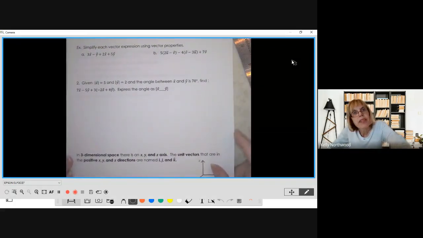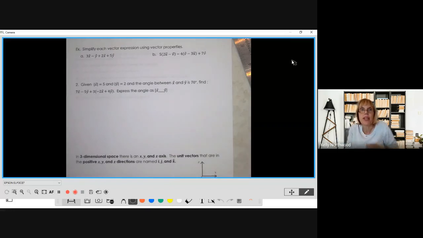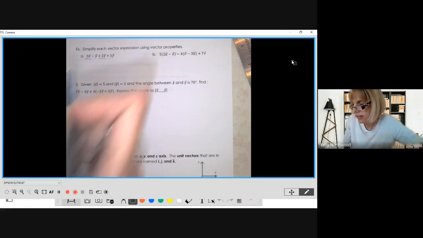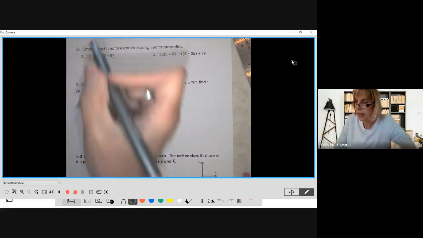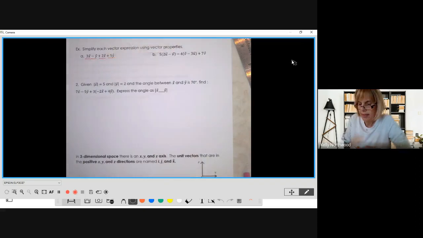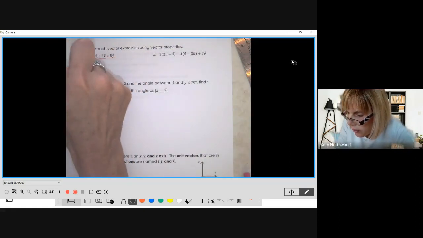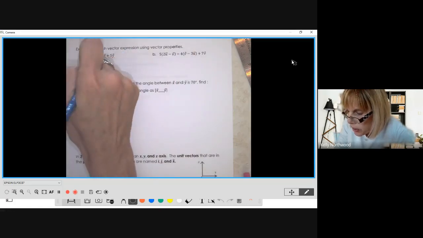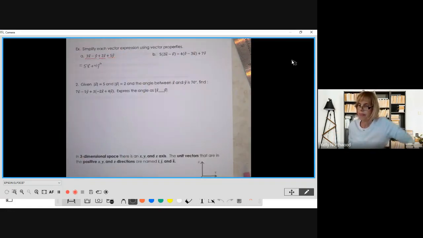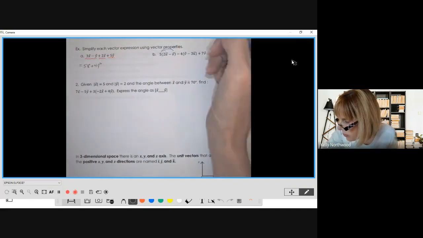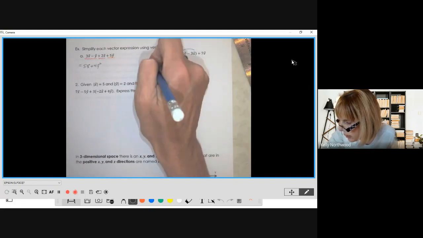All right, so our next example is to simplify each vector expression using vector properties. The first one's pretty straightforward. It's kind of like a flashback to grade 9, so you can collect like vectors. So that simplifies down to 5 times vector x plus 4 times vector y. This one's a bit more complicated, so we can distribute and collect here.